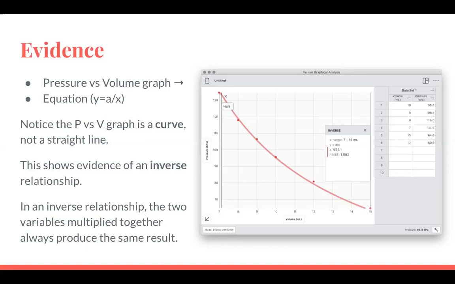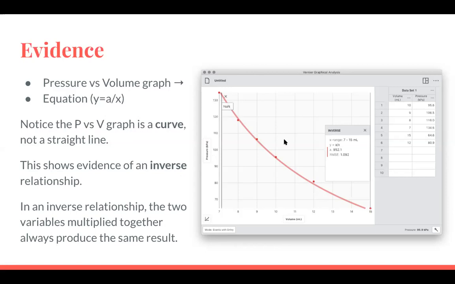One of the things about an inverse relationship is that when you multiply the two variables together, you always get the same result. In my example, pressure times volume equals roughly 952, and that's true for every point along this curve.